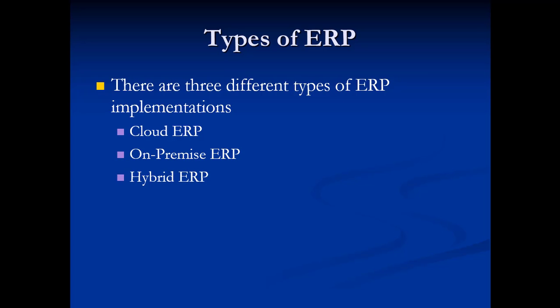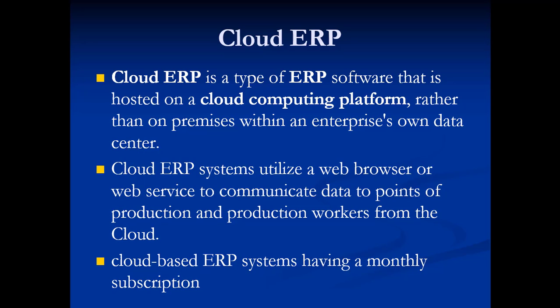And thirdly, we can see the hybrid ERP system. Cloud ERP is a type of ERP software that is hosted on a cloud computing platform rather than on premises within enterprise-owned data centers.